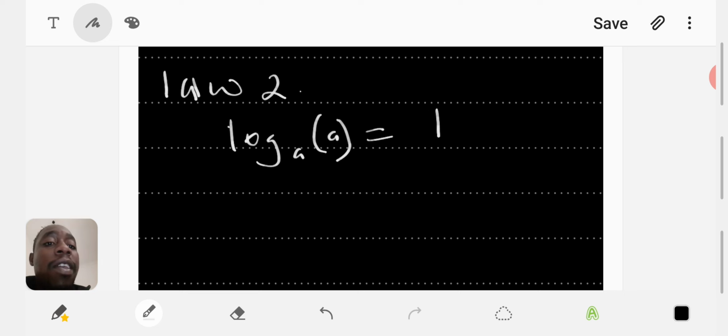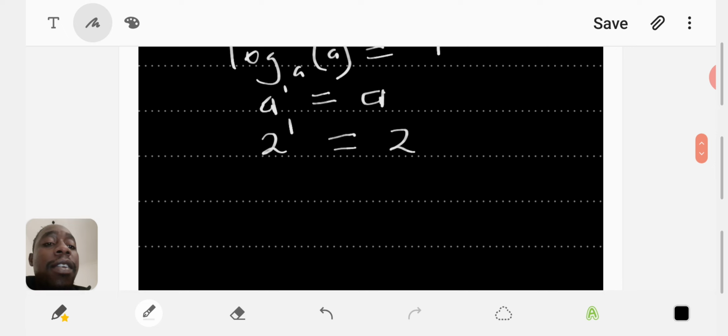What it's simply saying is, in exponential terms, a to the power of 1 is equal to a, which makes sense in a way that with any value, 2 to the power of 1 remains 2, and 100 to the power of 1 remains 100.